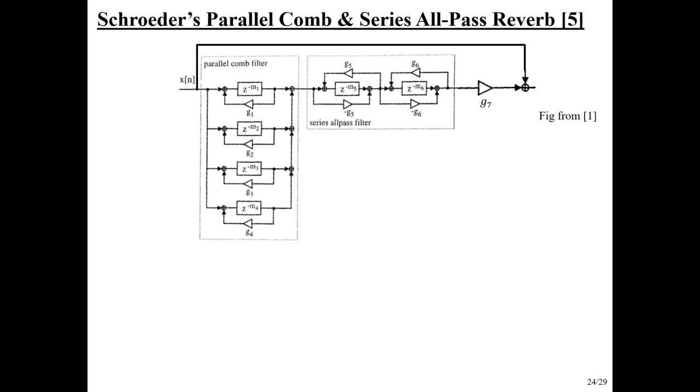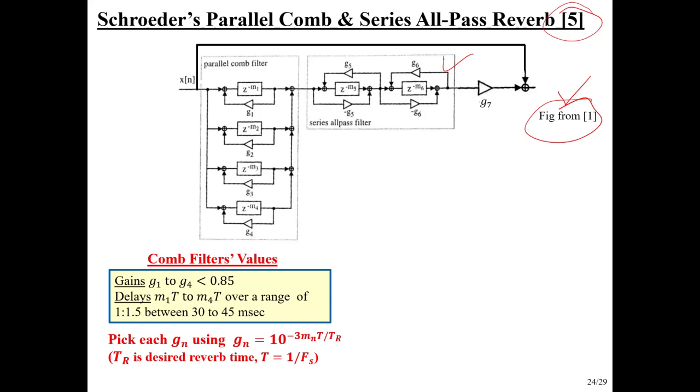Anyway, here's a picture. This is from Gardner's chapter 3, showing 4 parallel comb filters and only 2 all pass filters in series. But this was Schroeder's implementation in his paper. So right out of his 1962 paper, but I took the figure from Gardner's paper because it just shows it in a more modern setting.